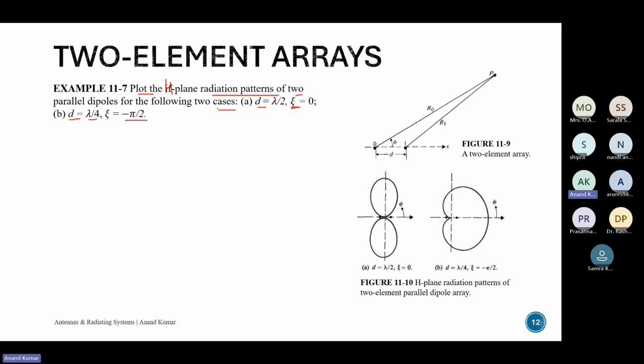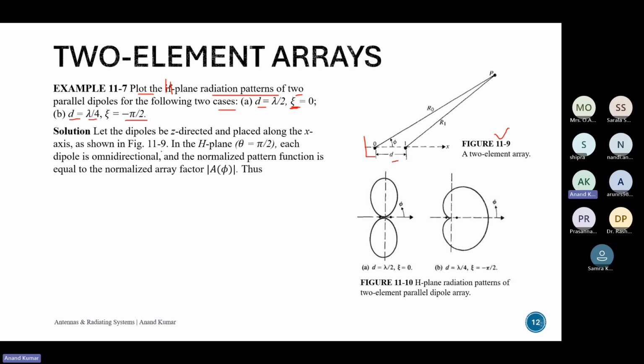So we have to solve it for two cases, and we had derived the element factor and the array factor, and hence the pattern function for this two element array. Now D, which was unknown, is given, and the xi is also given.